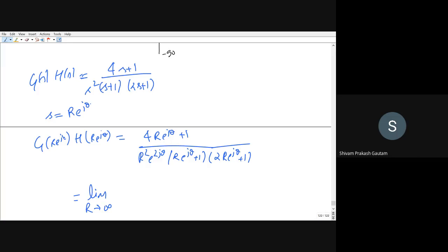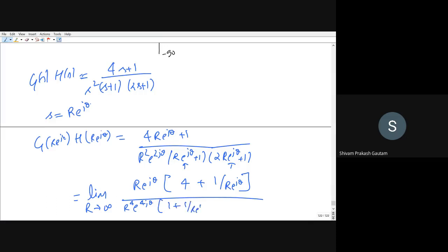Take R e to the power j theta common from the numerator, and we will have 4 plus 1 upon R e to the power j theta. Similarly, from the denominator also take R e to the power j theta common from each term, so we will have R to the power 4 e to the power 4 j theta times (1 plus 1 upon R e to the power j theta)(2 plus 1 upon R e to the power j theta).